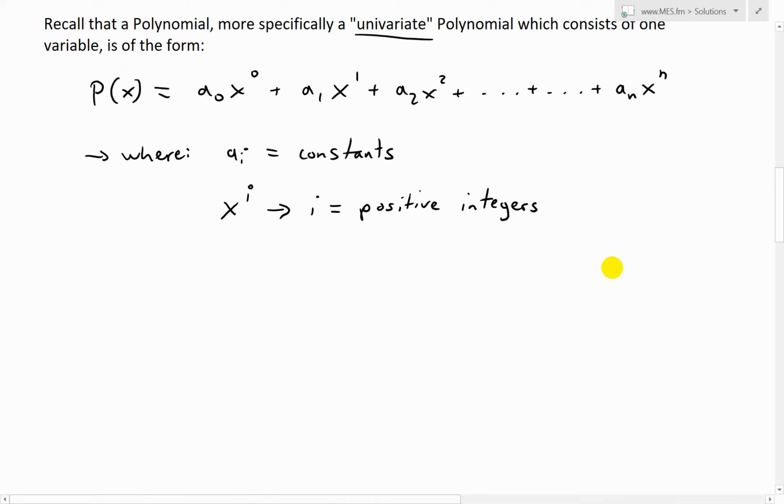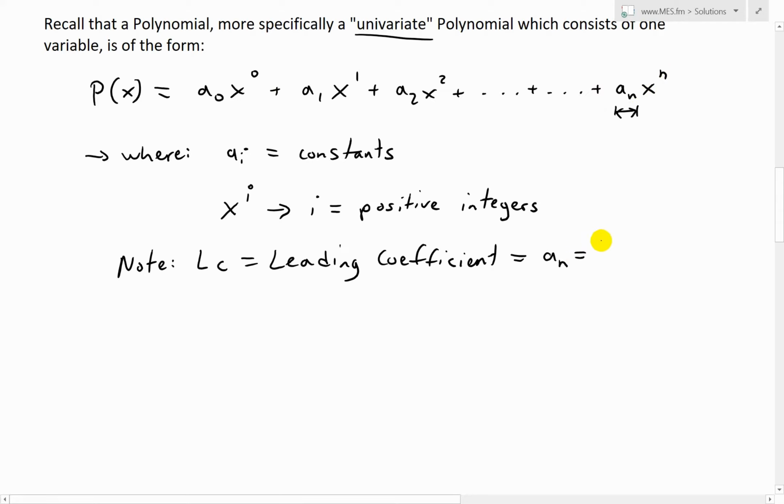Also, for the purposes of this video, I'm going to define the leading coefficient, LC, as a_n, which is the coefficient of the highest degree variable, the highest power x^n. I'll write this as a function for this specific polynomial: LC of p is equal to a_n.